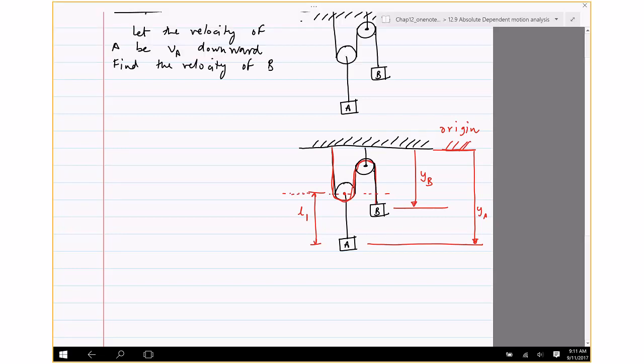So one, I chose the origin. Second, I would find the length of a string. Let's say that is L. So L, in this case, is the red thing which I just drew, and I would try to write it in terms of YA and YB and L1.